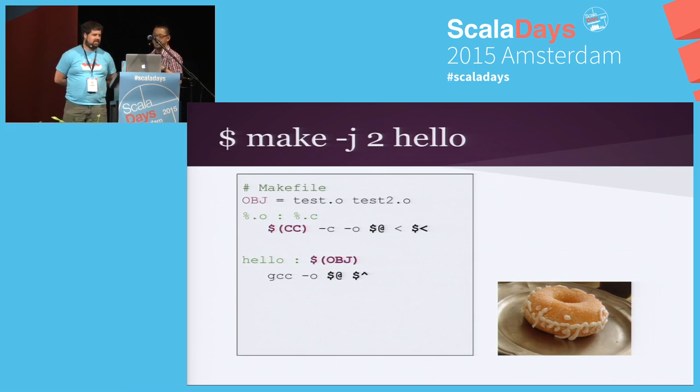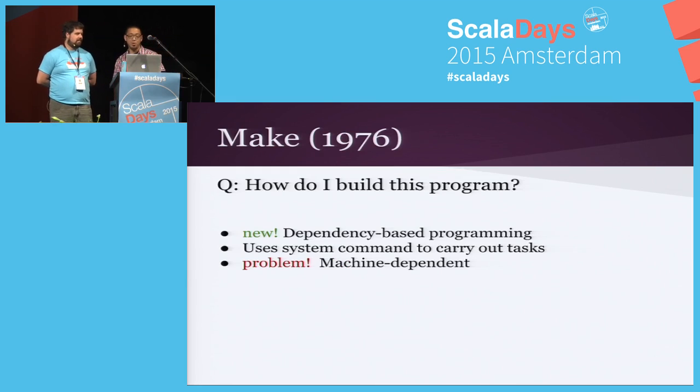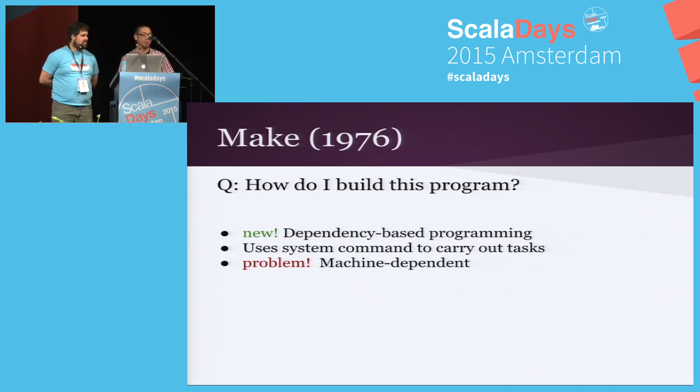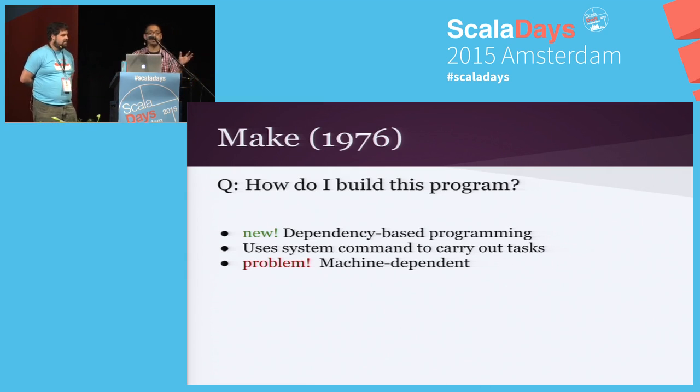So effectively, what we like to think about in the history of build tools is what question each tool answers, and the question that make answered is how do I build this program, right? In the shell script days, each program had their own build, but now with make you have this unified tool that you can do dependency-based programming.